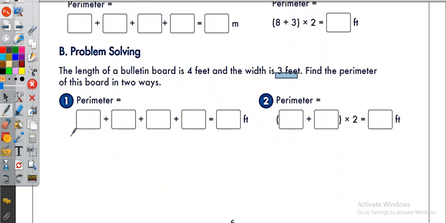Well, the first way is adding the length 2 times and the width 2 times, which is 7 plus 7, which is 14. The second way is to add the length to the width, which is 7, then double the answer, which is 14 as well. So we got the answer by 2 different ways.